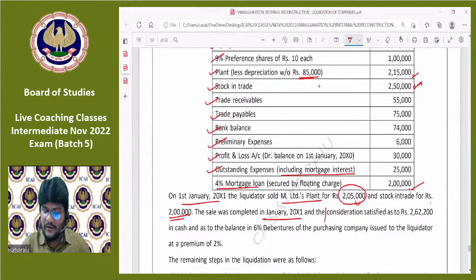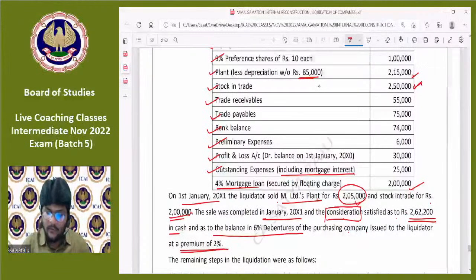And the consideration, we are selling plant and inventory put together. Then consideration is satisfied as to 2,62,200 in cash. And as to the balance in 6% debentures of the purchasing company issued to the liquidator at a premium of 2%.